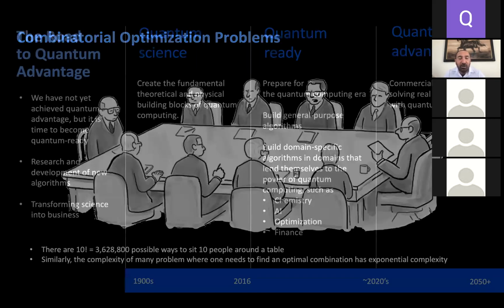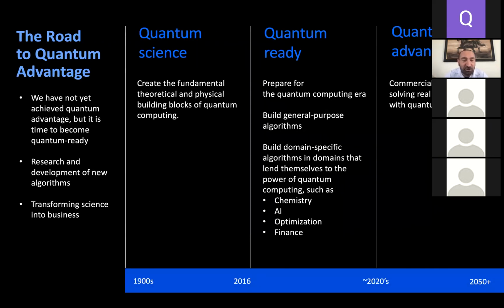So where do we stand right now in the journey of quantum computing? Let me start from the right. We want to be in the quantum advantage era. Quantum advantage means that we have quantum computers that can actually solve industrial size problems, problems that classical computers may take a much longer time to solve.